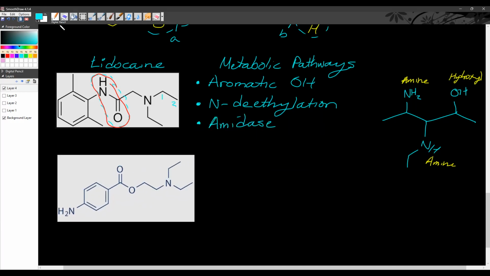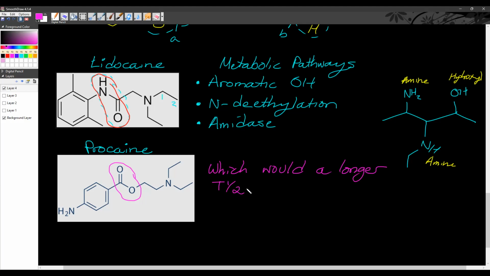All right. Here we have a drug called procaine. And focusing specifically on the ester and the amide, which would have a longer half-life, lidocaine or procaine?